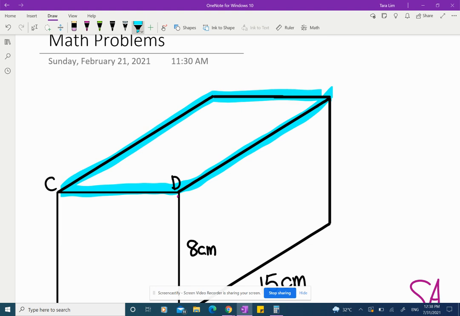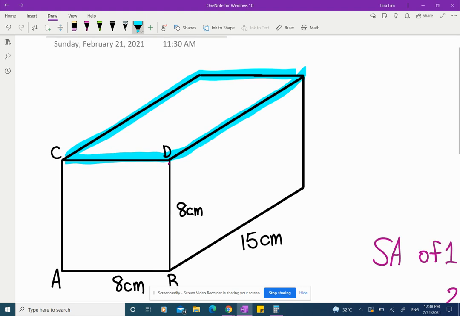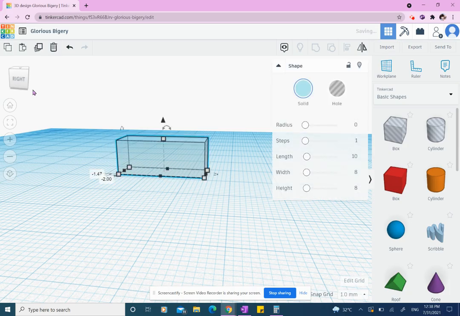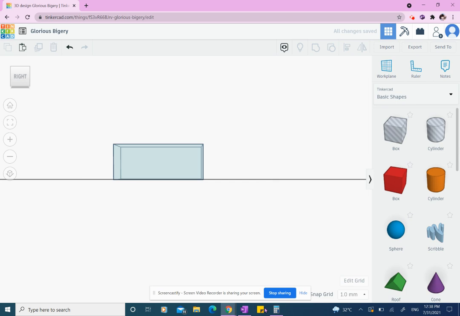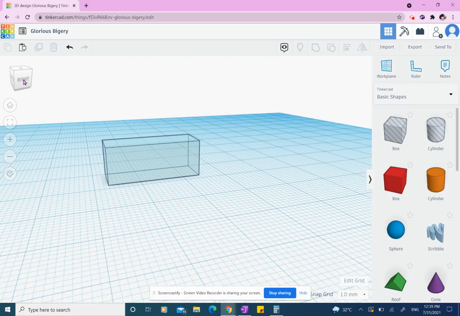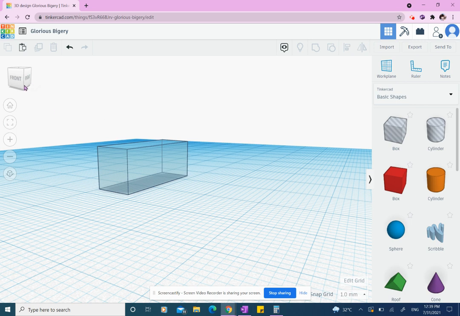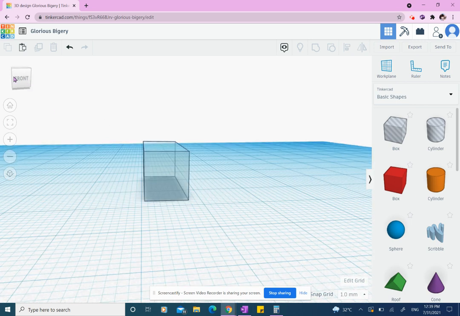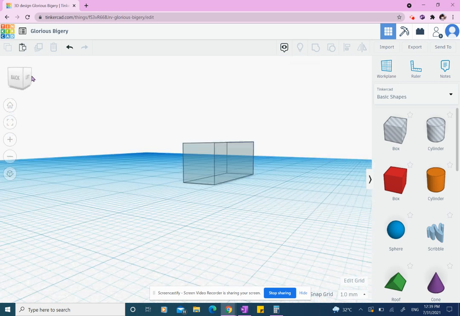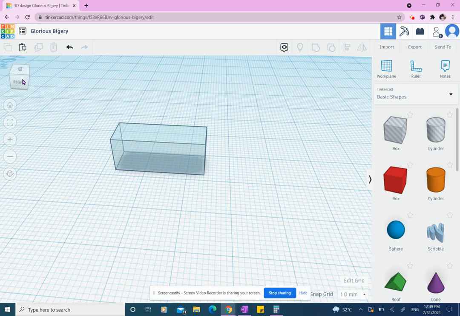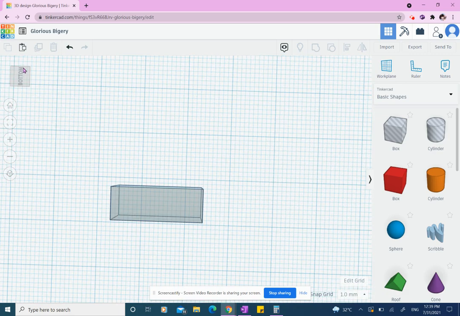Now, is this a parallelogram or a rectangle? Be careful not to get confused, because this is actually a rectangle. Just now, in this picture, we've calculated the front, the square in front, and the square at the back, and the sides. Now I'm left with the top and the bottom.